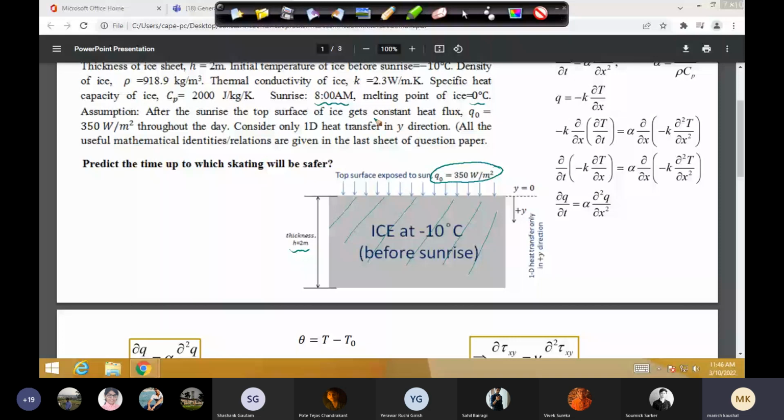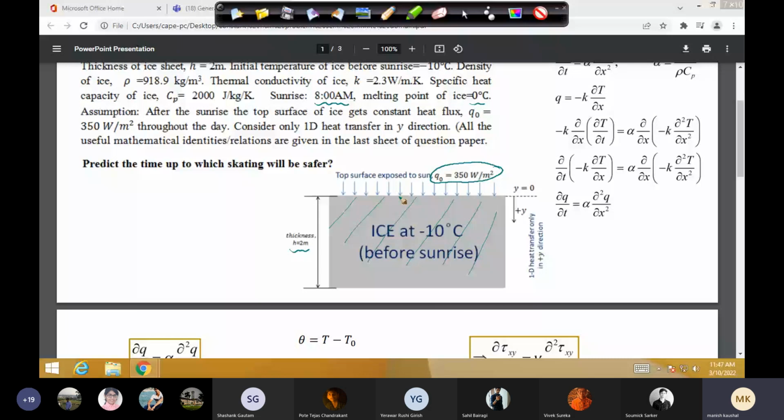For a given instant, the temperature of the top point will be highest and the bottom part will be lowest. The temperature of the top layer, which was initially at minus 10, will start rising, and when it reaches 0 degree, the ice will start to melt and you have to stop skating.